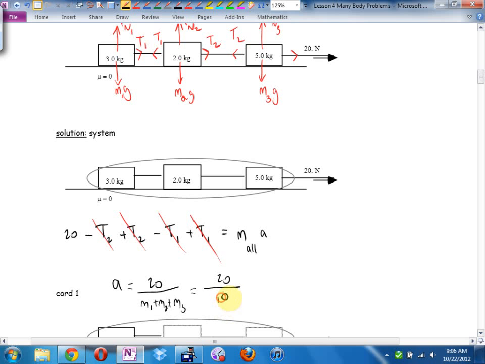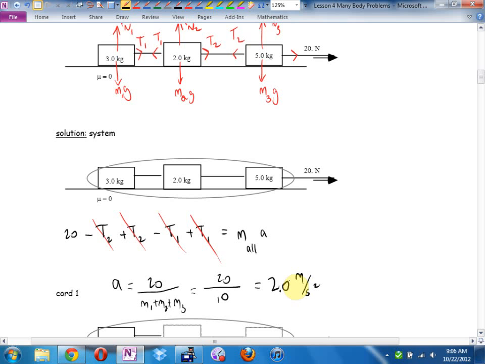Is it 20 divided by 10? Yes? Which, in your head, is what? And why is 2 wrong? Okay, so 2.0. Nice.